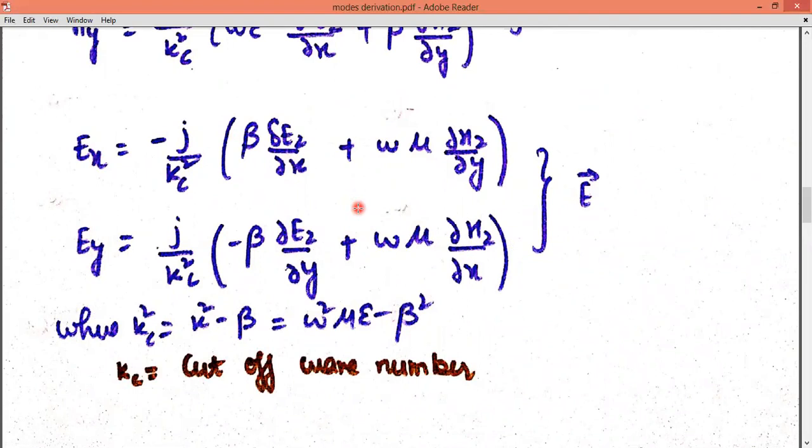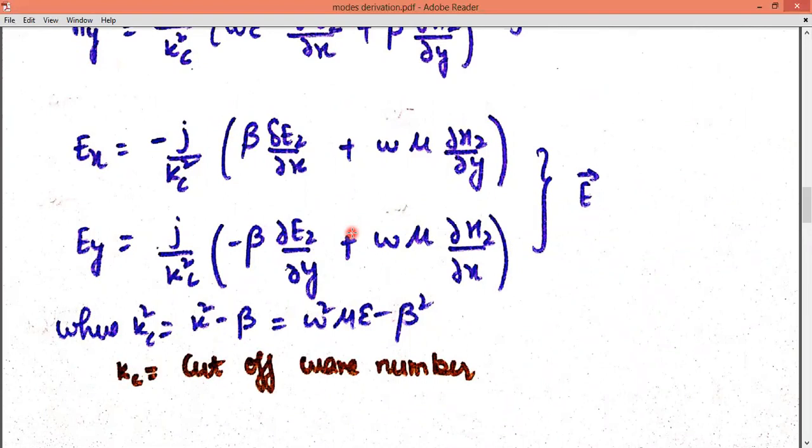So Ez and Hz will be the longitudinal components. If we want to write the transverse components of H in terms of Ez and Hz, these will be the equations, and if we want to write Ey and Ex in terms of Ez, these will be the electric field equations. Here Kc is the cutoff wave number.